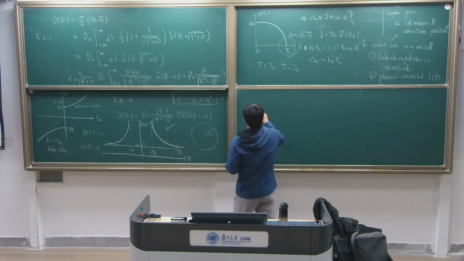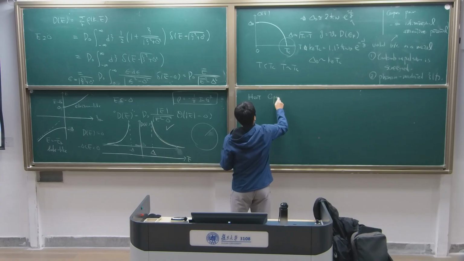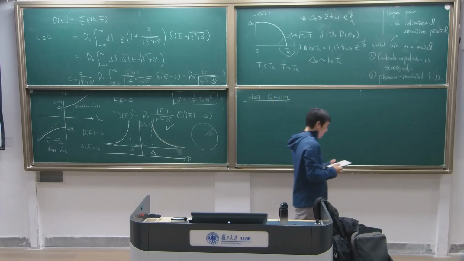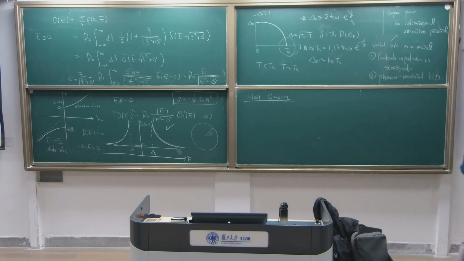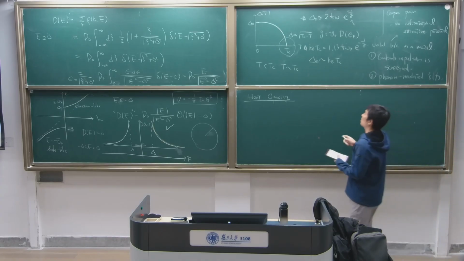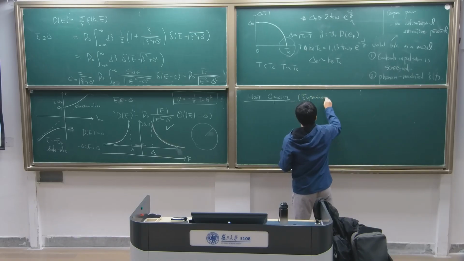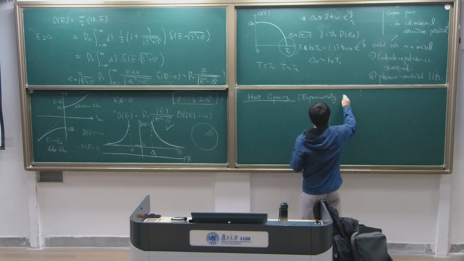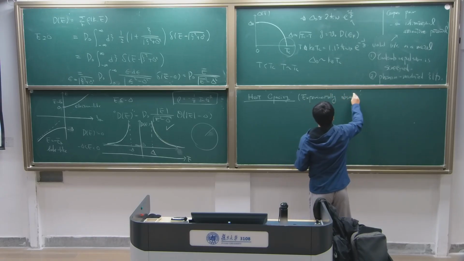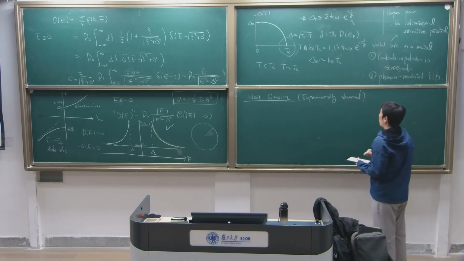Now I'm going to derive the specific heat capacity. In the superconducting state, the heat capacity is the most important, as I mentioned. This is the first experimental result for the superconducting state, a long time ago.